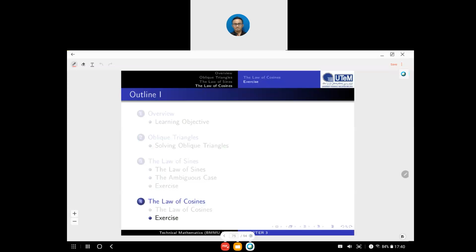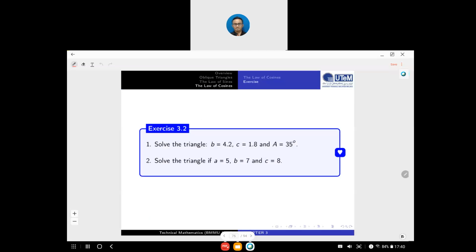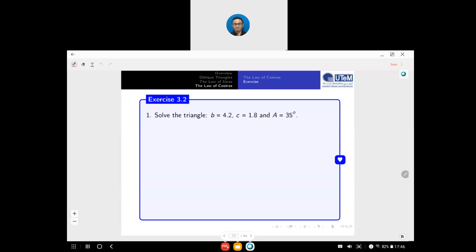Now let's look at the exercise. Try this exercise first. Exercise 3.2 question 1: solve the triangle when B equals 4.2, C equals 1.8, and A equals 35 degrees. The angle given here is not opposite the length.